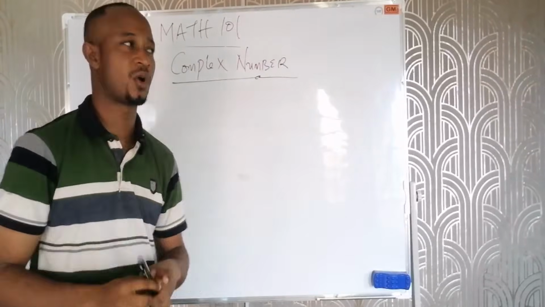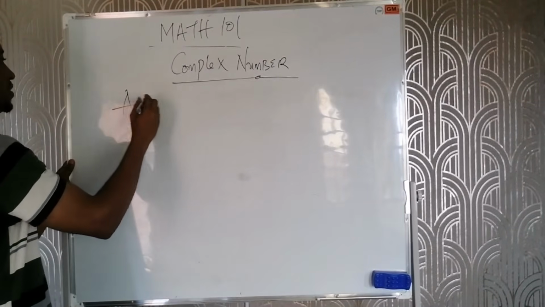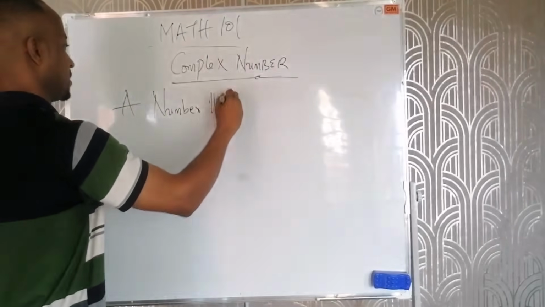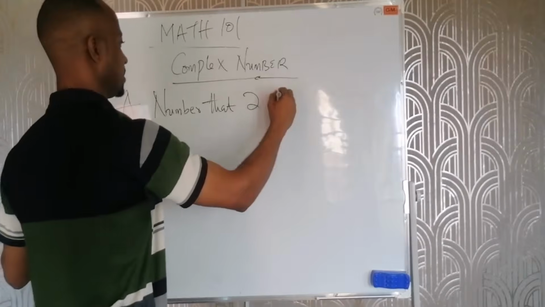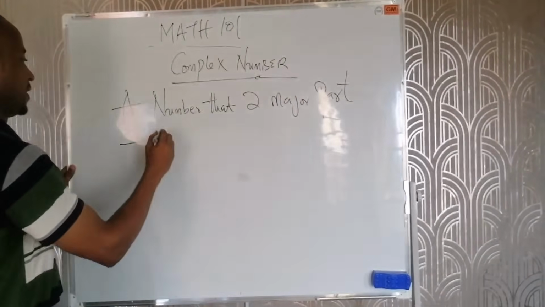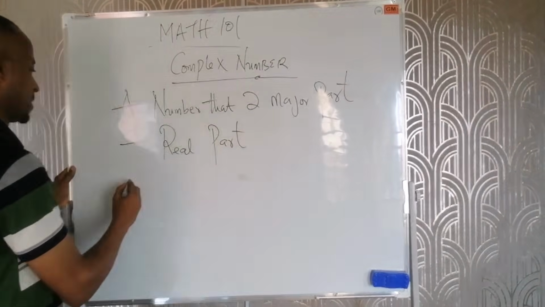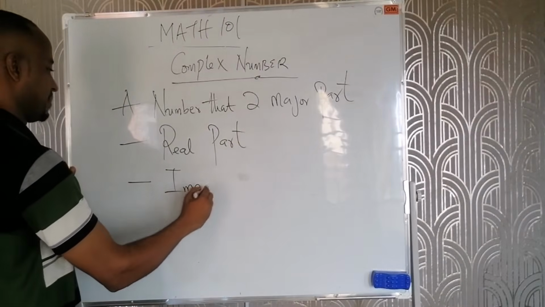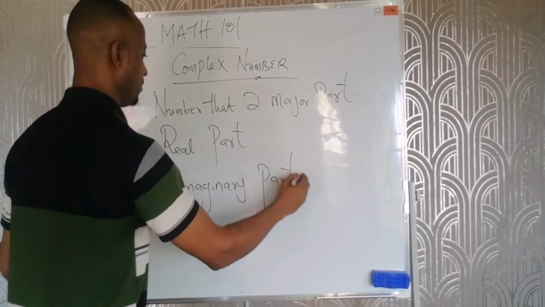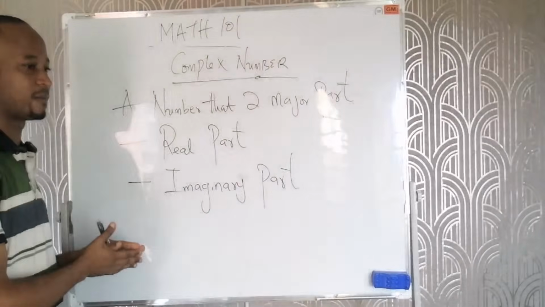A complex number is a number that has two major parts, which are number one, the real part, and number two, the imaginary part. Any number that has these two major parts is called what? A complex what? Number. All right.